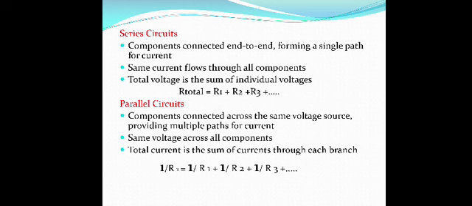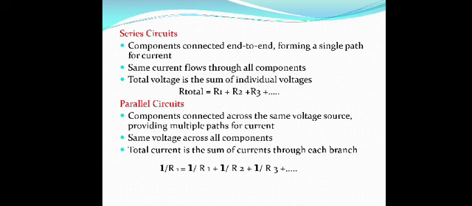So the total voltage is nothing but the sum of individual voltages across each element. For series circuit, the equivalent resistance formula can be written as R1 plus R2 plus R3 and so on.